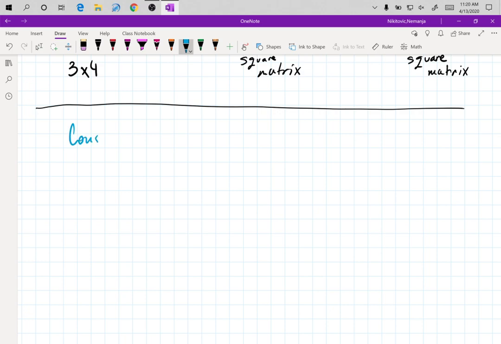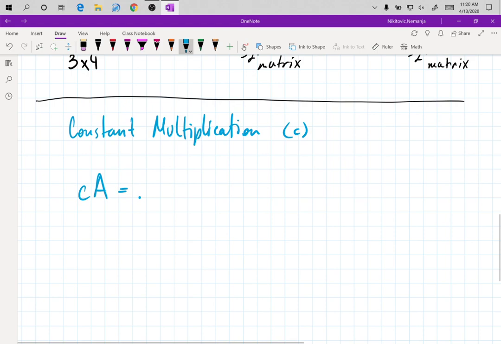So constant multiplication, or multiplication by constant. I'll put C. So if you have C times A, that simply is the same as A times C because it's commutative, and all it means is C times Aij.